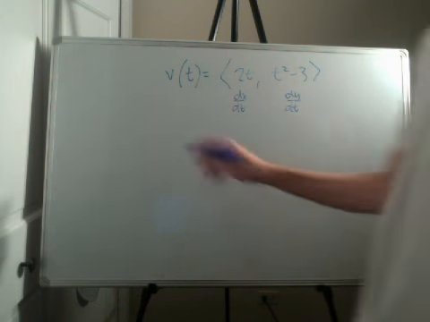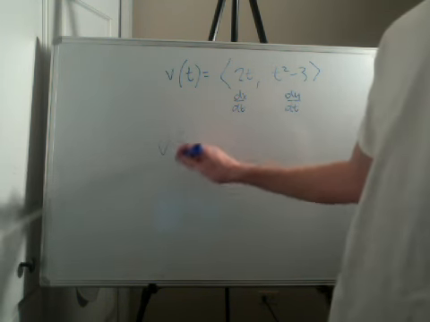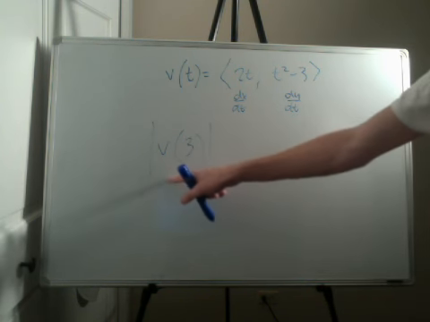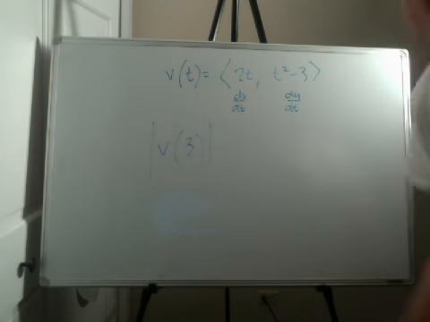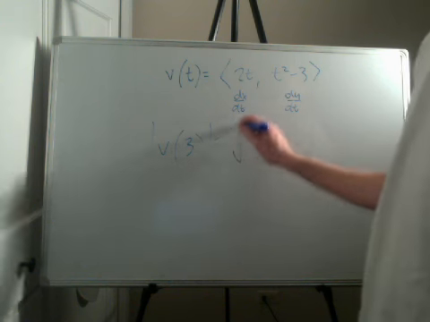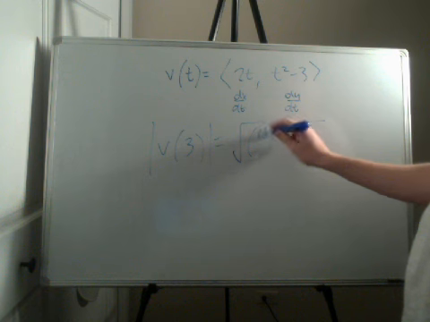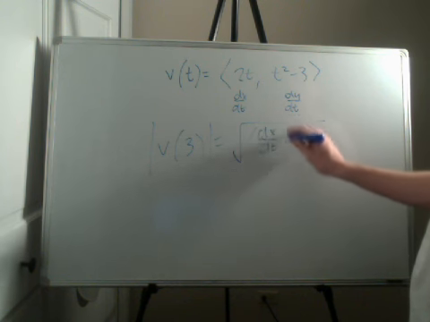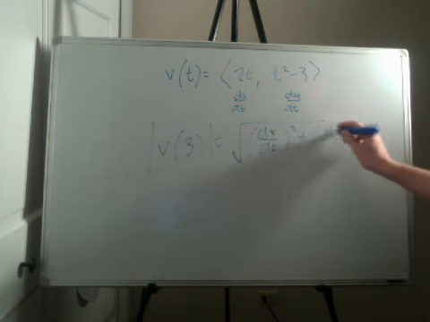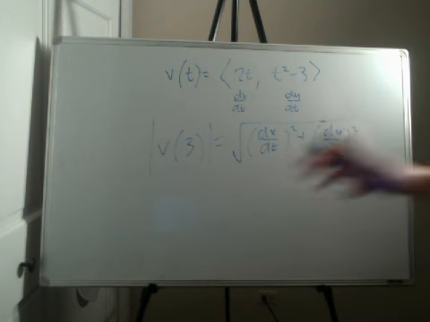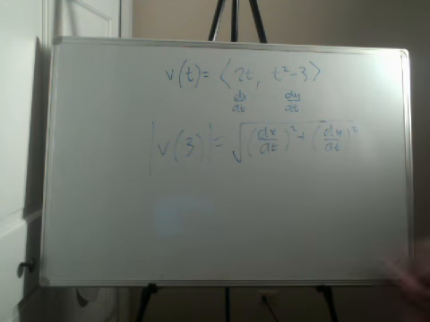The equation to find speed at a certain point, we'll say what's the speed at 3 seconds. You do this to basically show that this isn't a vector, this is a scalar. This is going to equal the square root of dx dt squared plus dy dt squared. But of course the difference is that now we're actually plugging in 3 for these.